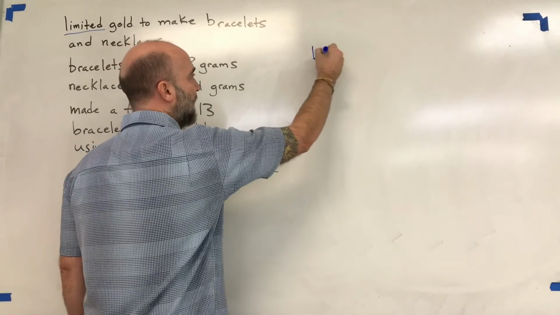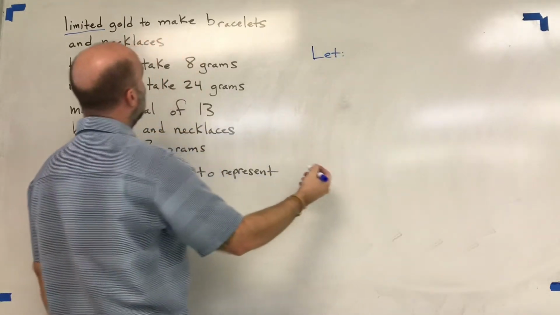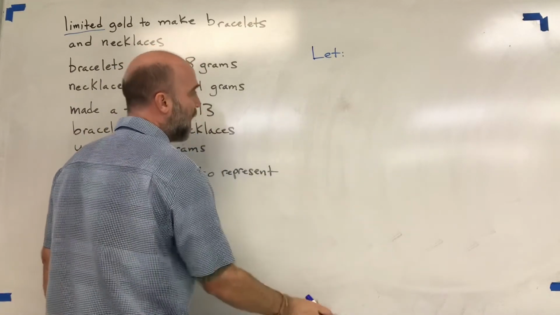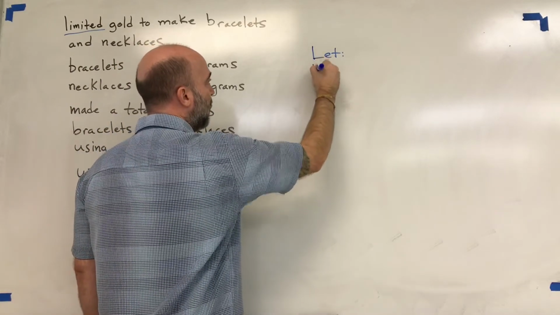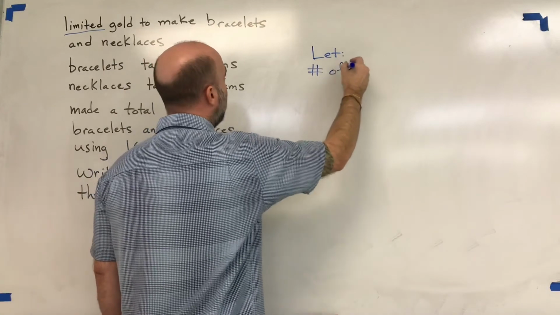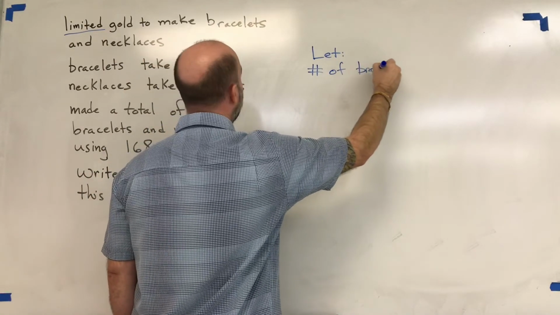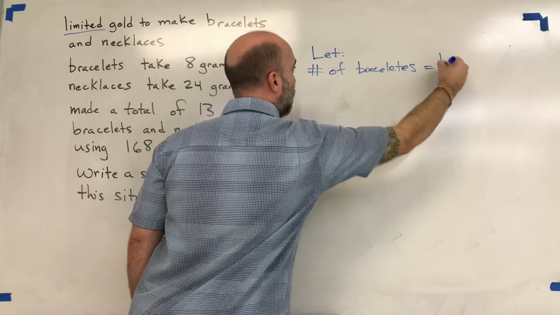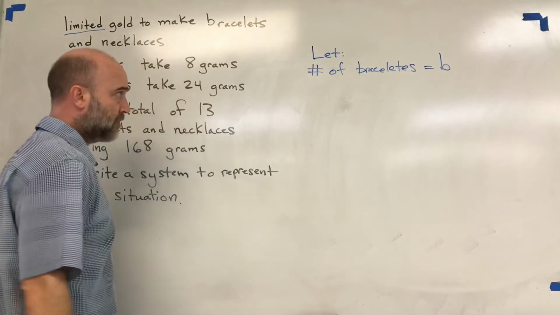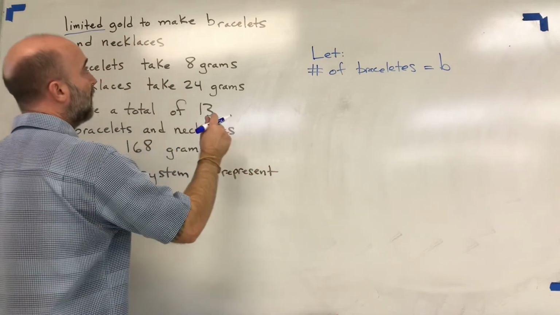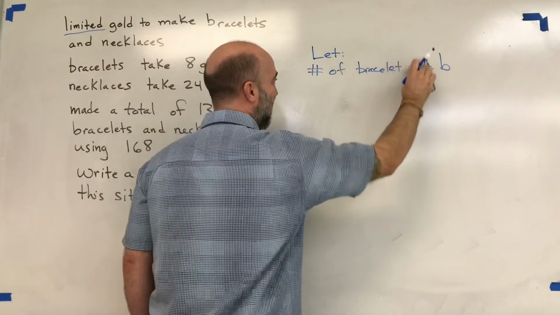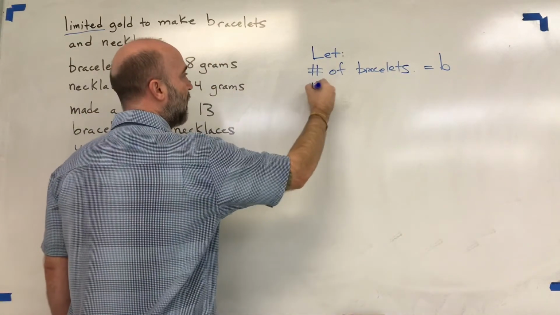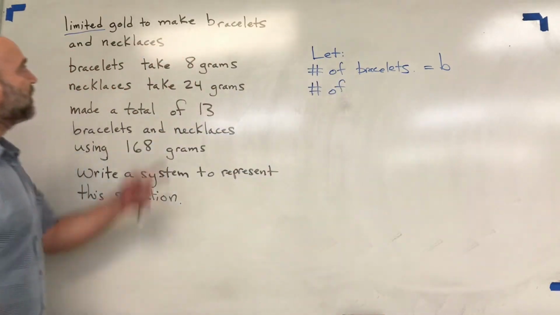So we let the number of bracelets, we have to quantify it, how many, be equal to, I'll just say B. And the number of, what's the other thing we were quantifying?